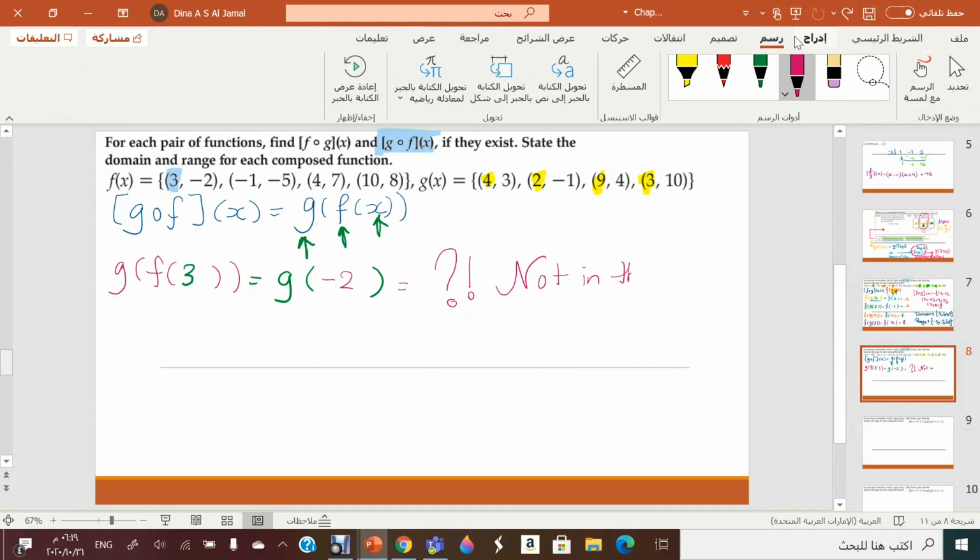So it is not in the domain of g of x. So what you must write, g of f of 3 does not exist, or it is undefined.